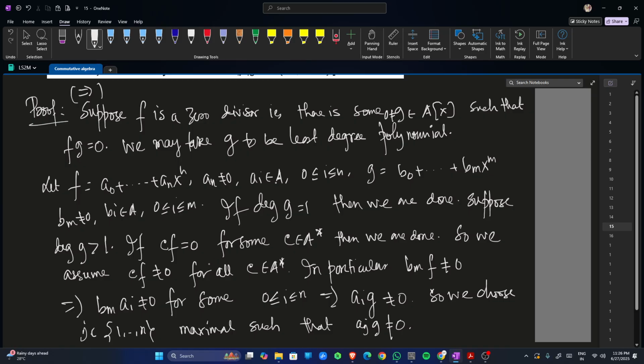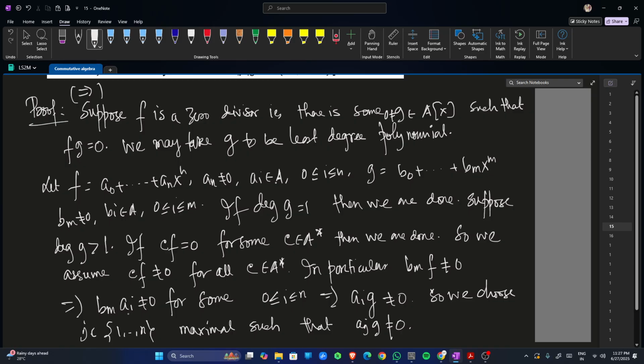So in particular we take c to be b_m. So b_m f is not equal to 0. Now b_m f not equal to 0 implies b_m a_i is not equal to 0 for some a_i. It is non-zero means at some coefficient this is non-zero.